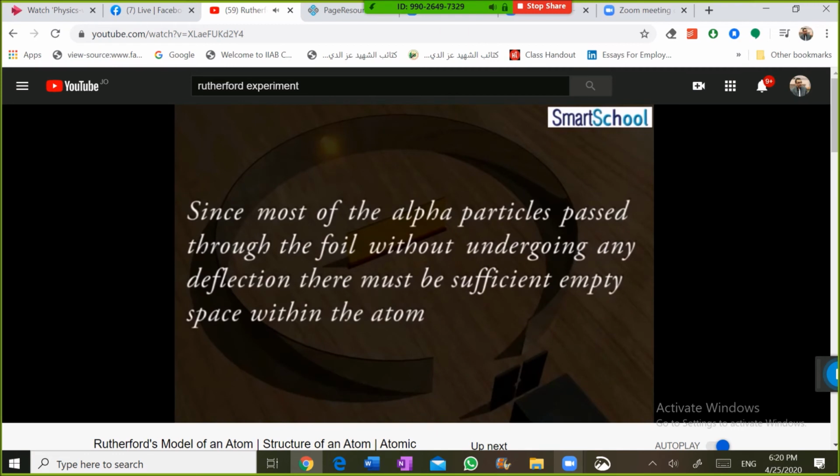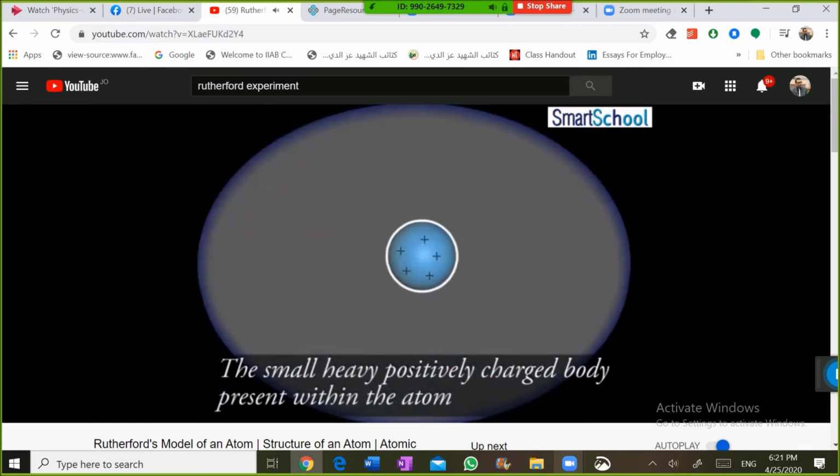Since most of the alpha particles passed through the foil without undergoing any deflections, there must be sufficient empty space within the atom. This small, heavy, positively charged body present within the atom was called nucleus.